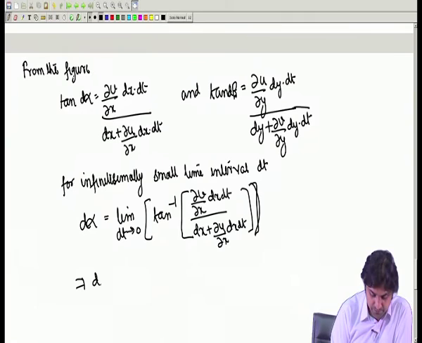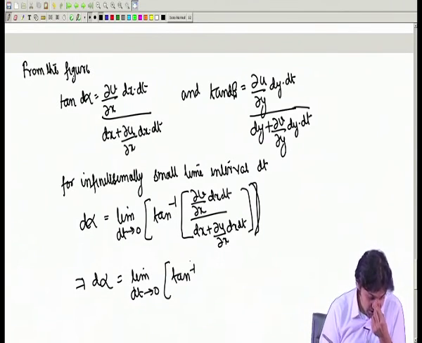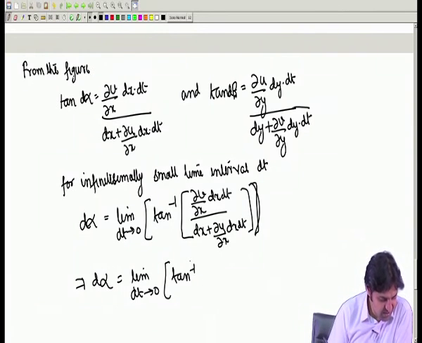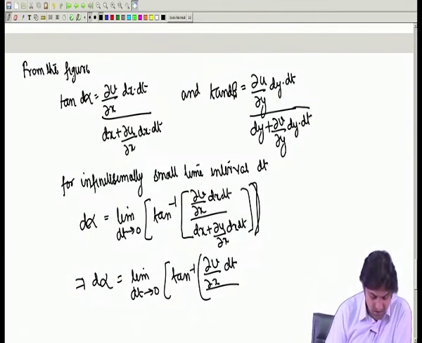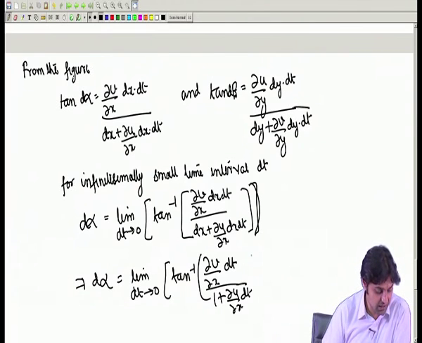This implies d alpha is limit dt goes to 0 tan inverse, so we divide by dx, so this will be del v by del x into dt divided by 1 plus del u by del x dt. We just cancelled dx from up and down.